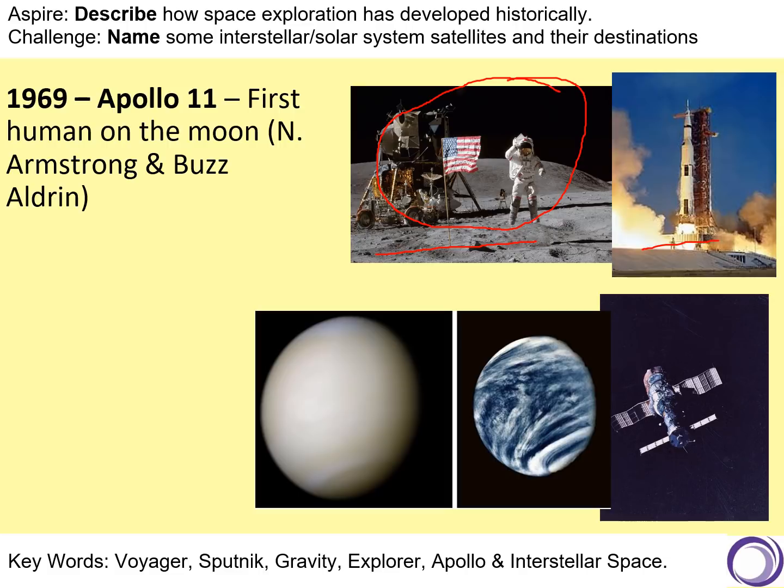However, do go and have a look, particularly at Apollo 13. You might think that's a strange one for those of you who know a little bit about it, but have a look at the history and the tragedy of Apollo 13, because I think it's important to understand that space travel then, now, and in the future is actually quite dangerous.